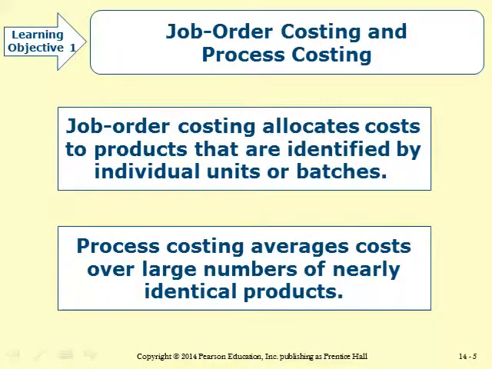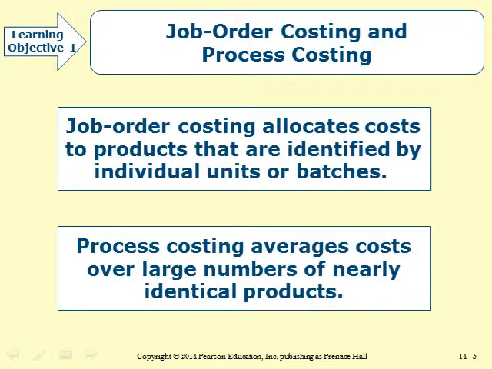Job order costing, or simply job costing, allocates costs to products that are readily identified by individual units or batches, each of which requires varying degrees of attention and skill.